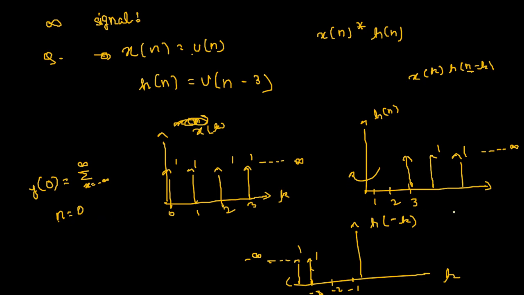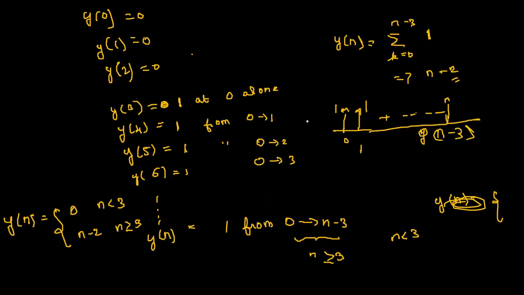So for n is equal to 0, we shift it by 0 units. That is, we take the exact same graph and then we multiply it with x of k. So like you can see here, there is no common region between these two. So for n is equal to 0, multiplication of these two graphs will give us 0, right? So y of 0 will be 0.